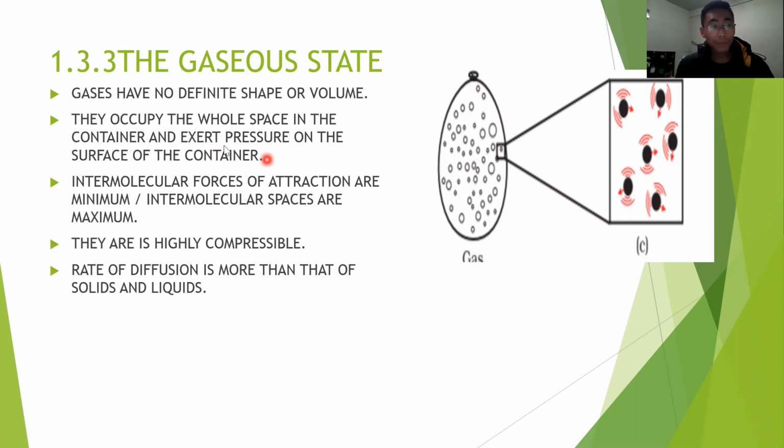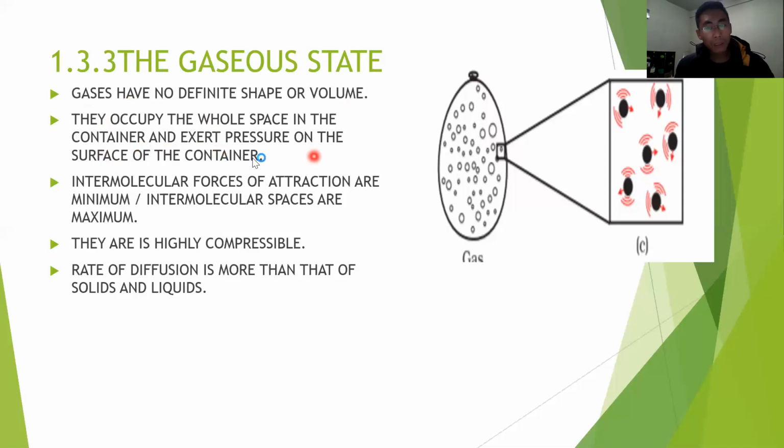Gases have no definite shape or volume because the particles are randomly moving at high speeds in all directions. That is the reason why they have no definite shape or volume. Then they occupy the whole space in the container, if it is enclosed, and exert pressure on the surface of the container.